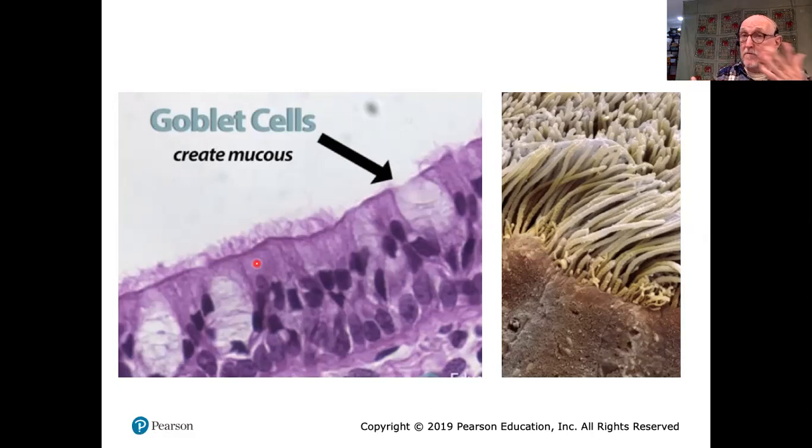And when that escalator no longer works, you then have to cough the material up to get rid of it. That is why heavy smokers in the morning, all of the stuff is accumulated in their lungs, in their bronchi, and they need to cough it out because their ciliary escalator is not working anymore. A very dangerous situation.